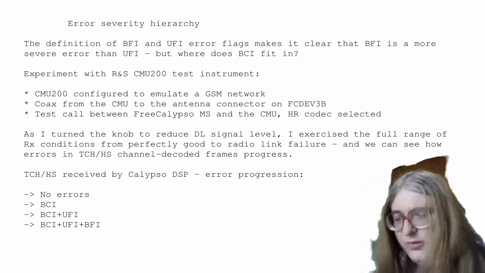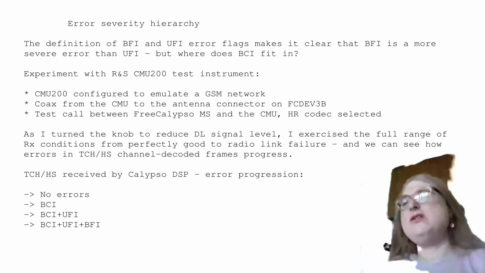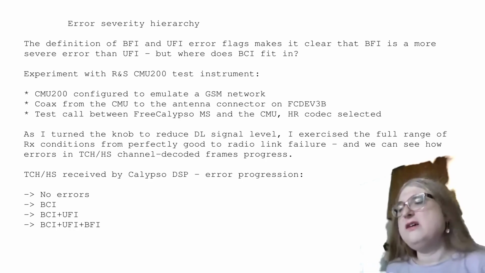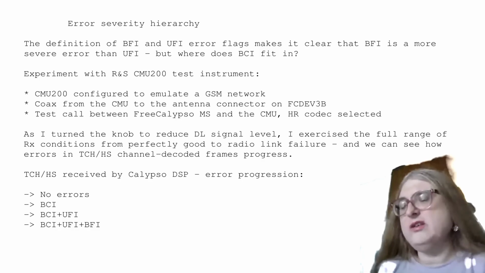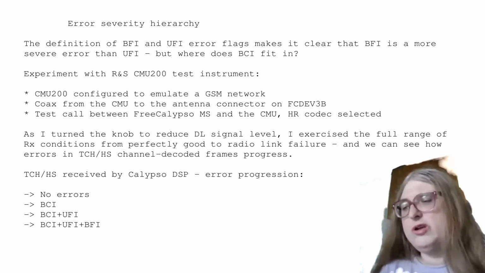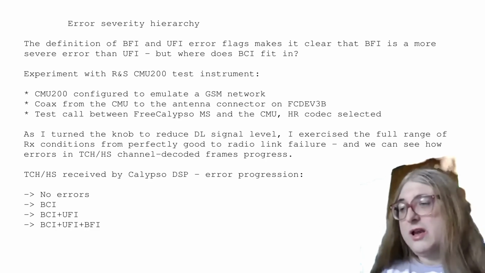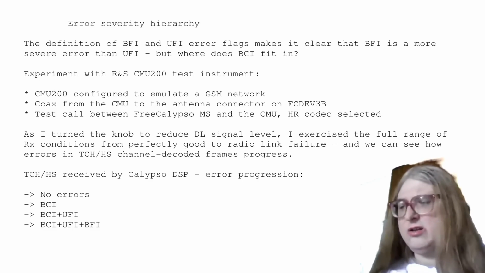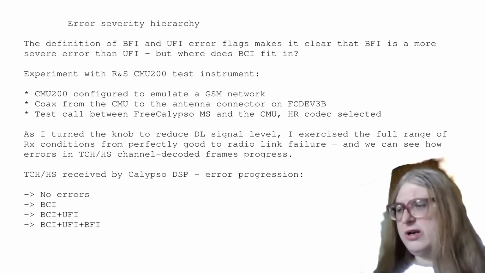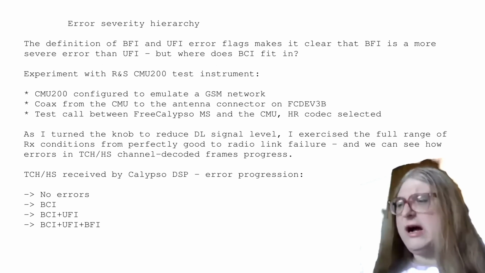Now, the unfortunate part, the part that still bites, is that we don't know the criteria. I thought, okay, could it be some kind of threshold based on how many convolutional decoder bit errors? Nope, not the case, because for every hypothesis I had regarding the decoder bit error count, I could find counterexamples.